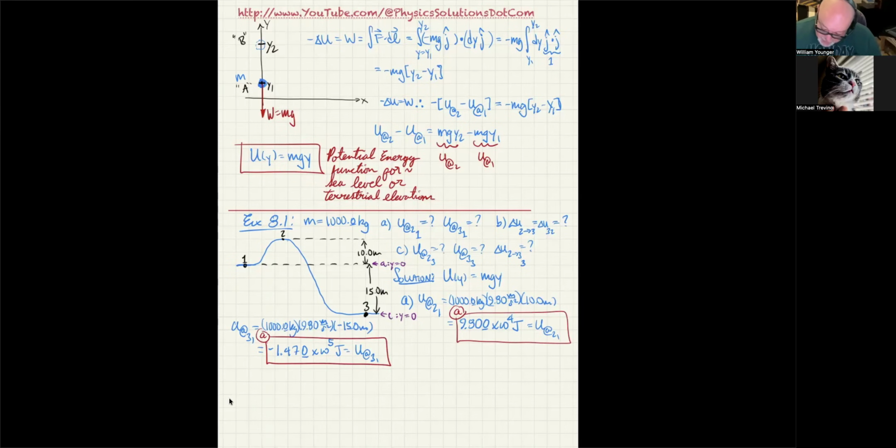Part B is where we're asked to find the change in potential energy. So now I'm going to say B, delta U 2 to 3 sub 1. Again, that sub 1 is redundant because it turns out it's not going to matter. But either way, we'll show you that now. So now I'm supposed to take U of 3, which is negative 1.470 times 10 to the fifth joules.